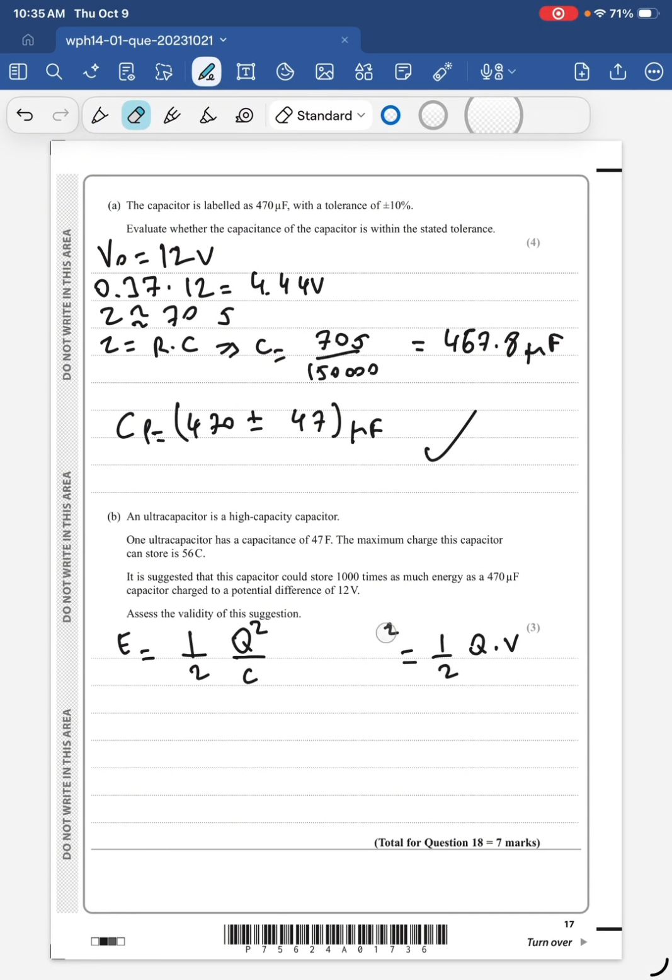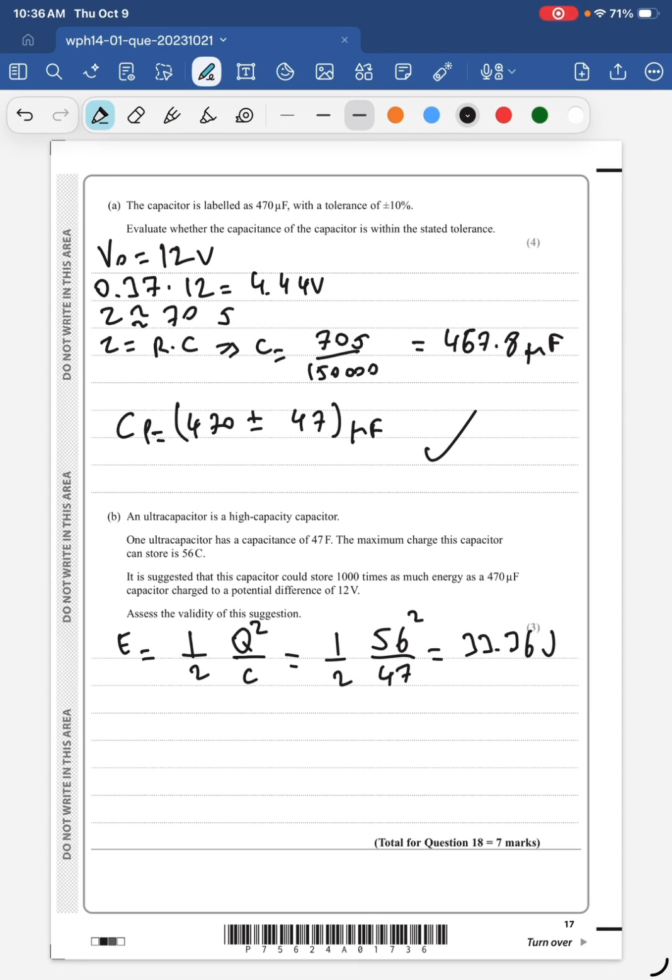Let's erase what we don't need. So for the ultracapacitor, we need 1/2 times 56 coulombs squared over 47, and that's 33.36 joules. And for our normal capacitor, let's name this U. We have 1/2 CV squared, because we are given the voltage and the capacitance.